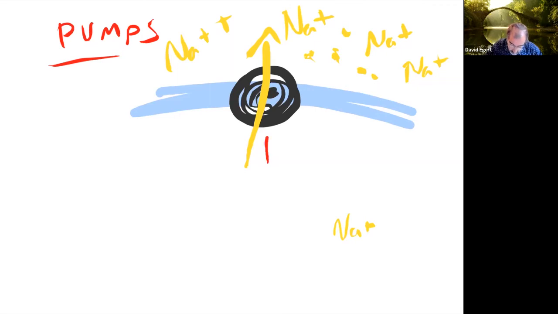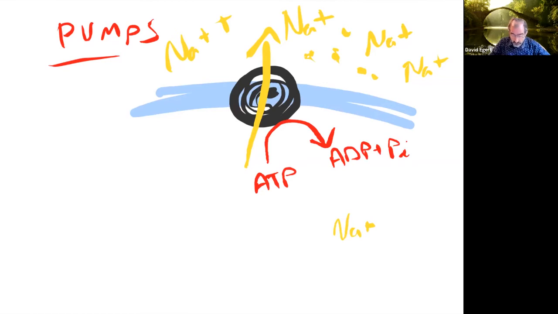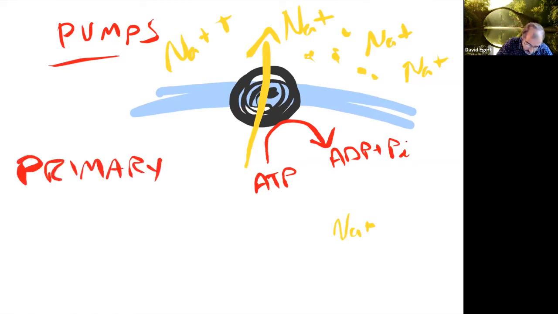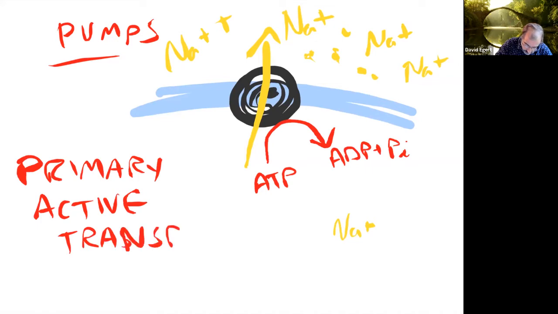And one way I can do it is with ATP. This is what I call primary active transport. Primary active transport is directly using the power of ATP to pump things against their concentration gradient.